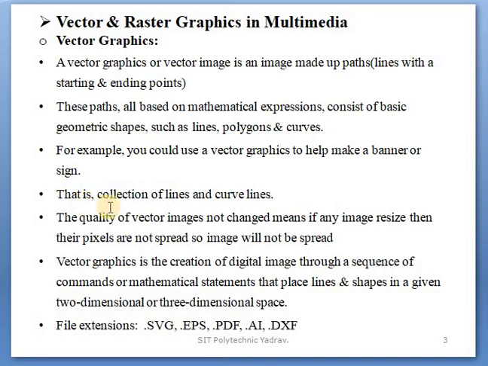Next point, a vector image is a collection of lines and curved lines. Vector graphics or vector images are a collection of lines and curves. In a vector image, each point is part of a collection of lines and curves. Next point, the quality of a vector image does not change. If an image is resized, its pixels are not spread, so the image will not be spread.